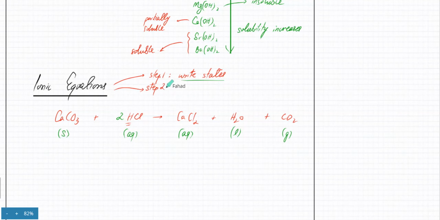Achha, so step 2 is कि you dissociate those substances that are in aqueous state. Dissociate का क्या मतलब है?